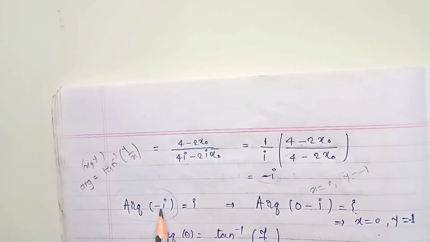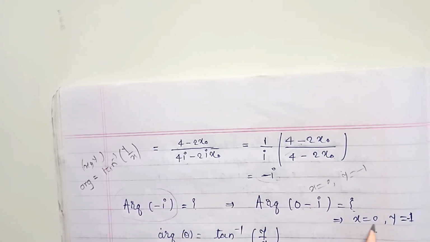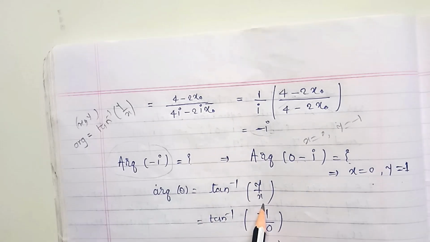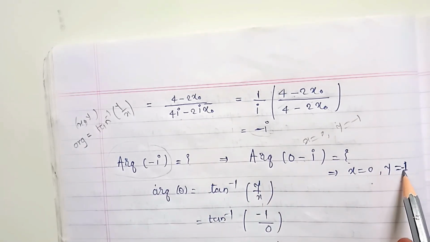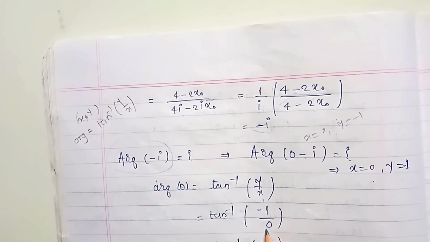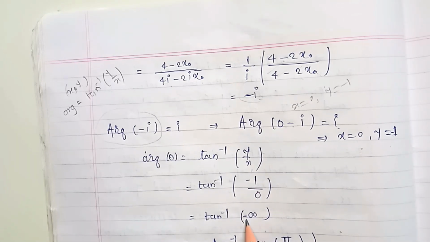So x is 0 and the imaginary part is negative 1. So the argument theta can be written as tan inverse of y by x, so tan inverse of negative 1 upon 0. Tan inverse of something upon 0 is infinity, but with negative sign, so negative infinity.